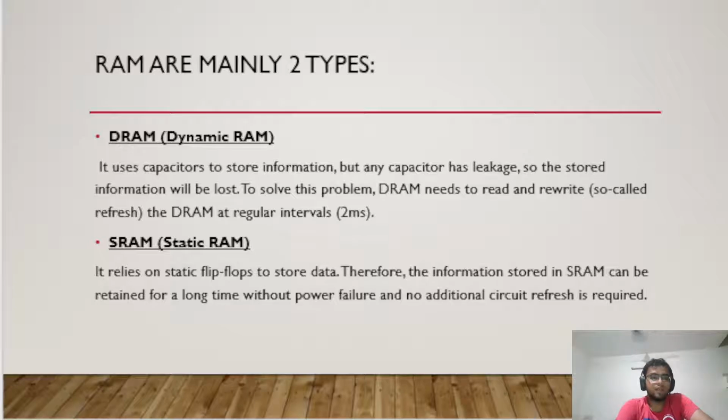Basically, the difference between DRAM and SRAM is, for example, if you are working on your laptop, computer or mobile, and because of something the system shuts off automatically without you saving the data on what you are doing.